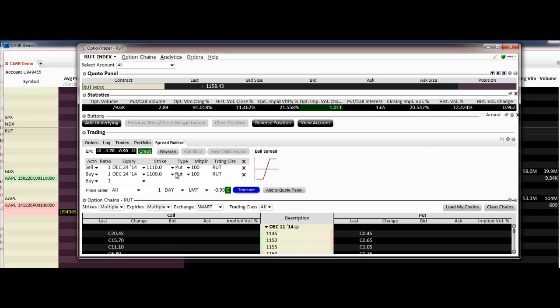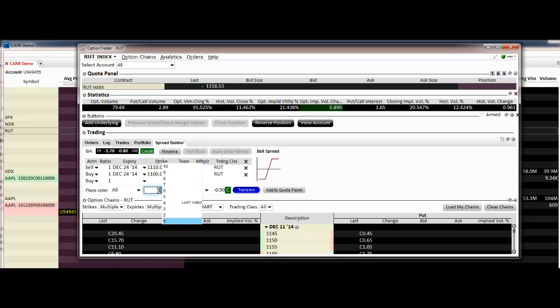This is a bullish put credit vertical spread that we're putting on. And it's going to tell me that I can get a credit of 90 cents, which is the translation, that's $90. So I can attain a credit of $90 per spread.